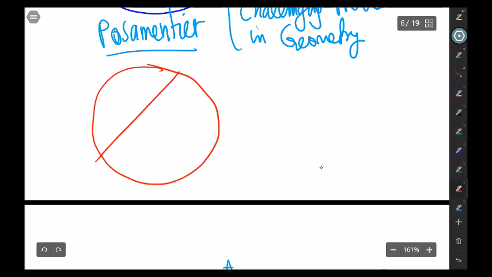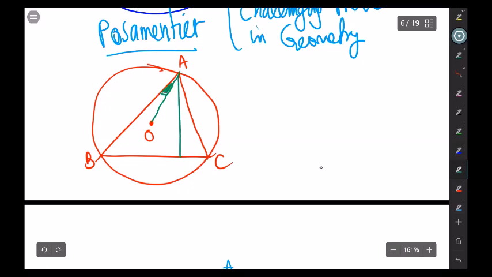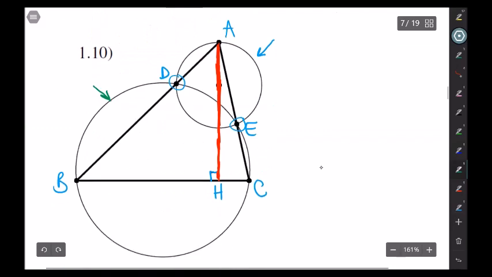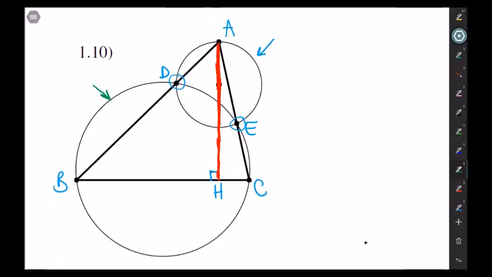If you have a triangle ABC, and this is the circumcenter of that triangle, then the claim is that the angle here, angle BAO, and if I were to drop a perpendicular here, this angle, they are congruent angles. Okay, that's interesting. All right, so don't forget about this. This is an important thing that we already proved in 2 different ways, and some people suggested we could have done a lot of other stuff. All right, so now back to this picture.